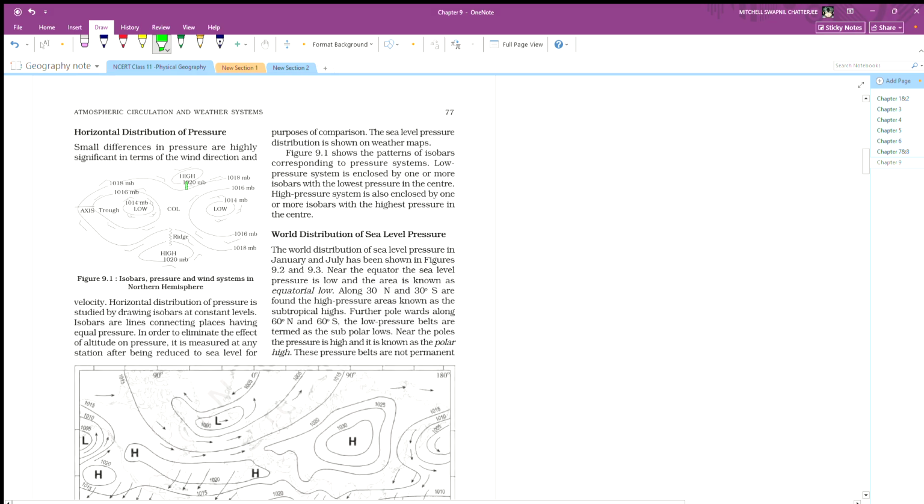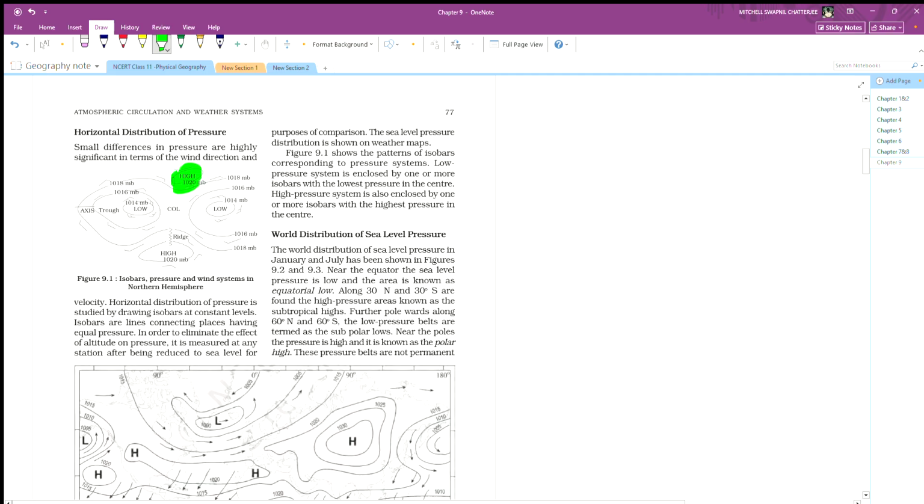Because it wants to balance it out, so when the air moves from the lower pressure area to the higher pressure area, okay, I'm saying it's the opposite. From the higher pressure area, it will want to lose its pressure because it wants equilibrium.